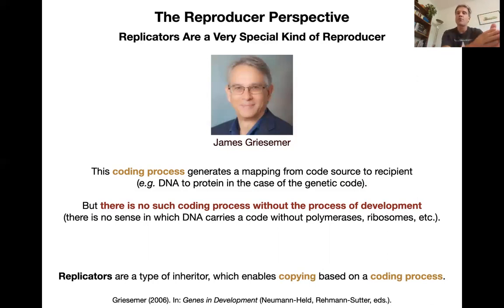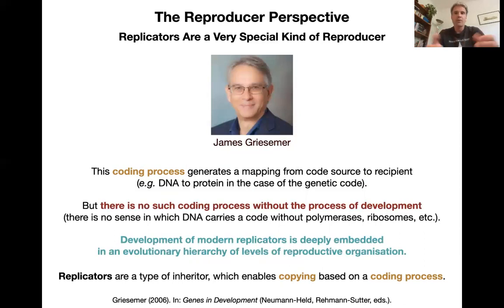So there is a code table that represents the genetic code, but behind this code table is a very complicated process of transcription, translation, and also replication of the DNA that is supported by the whole cellular environment. Okay, and that is an essential part of what Griesemer calls development, of course, with his broad definition of development.